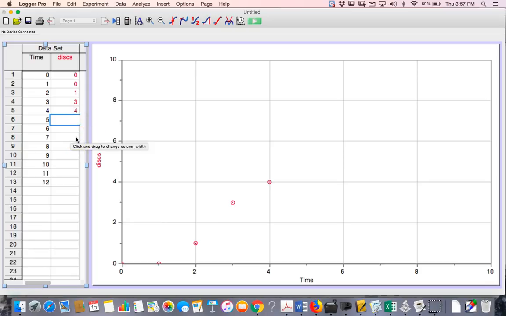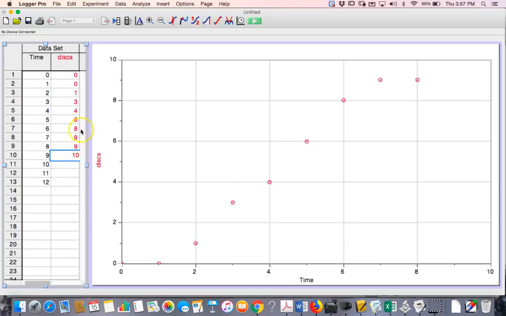So that would be 6 right there, and maybe 2 more, and then maybe 1 more, and it stayed that way for a while, and then maybe the 10th one. So that's something that you should have done in terms of how you counted how many disks.